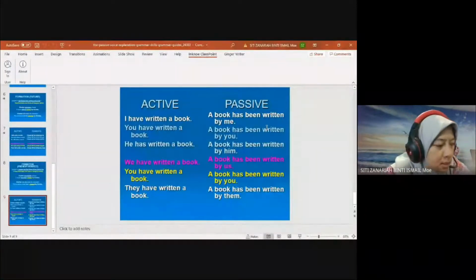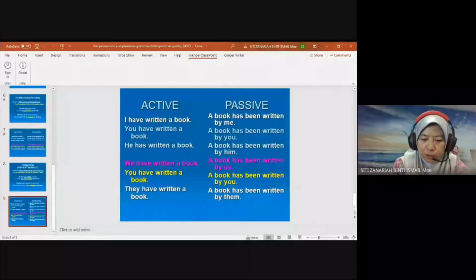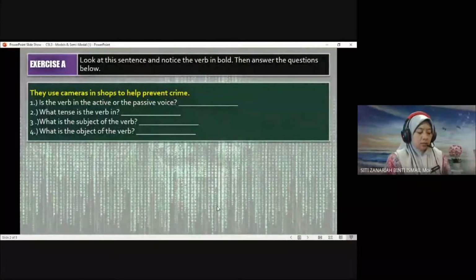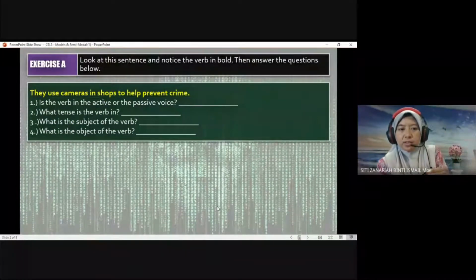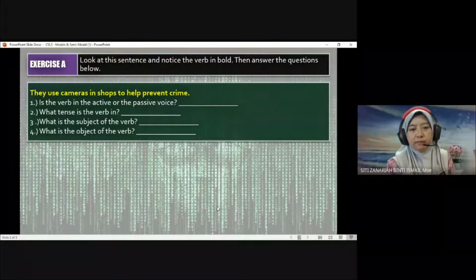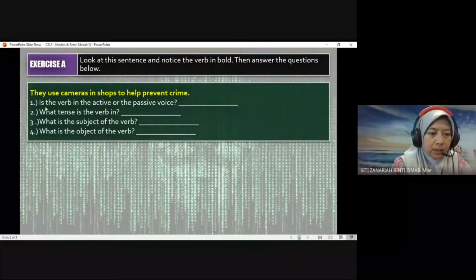Okay, now let us see the example, page 113. Every one of you, please take out your textbook and turn to page 113. Look at the sentence and notice the verb in bold, then answer the questions below. They use cameras in shops to help prevent crime. Is the verb in the active or passive voice?